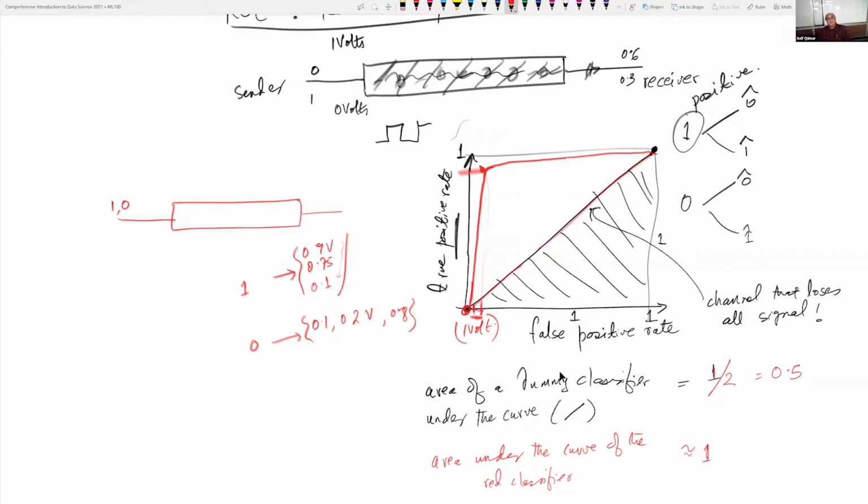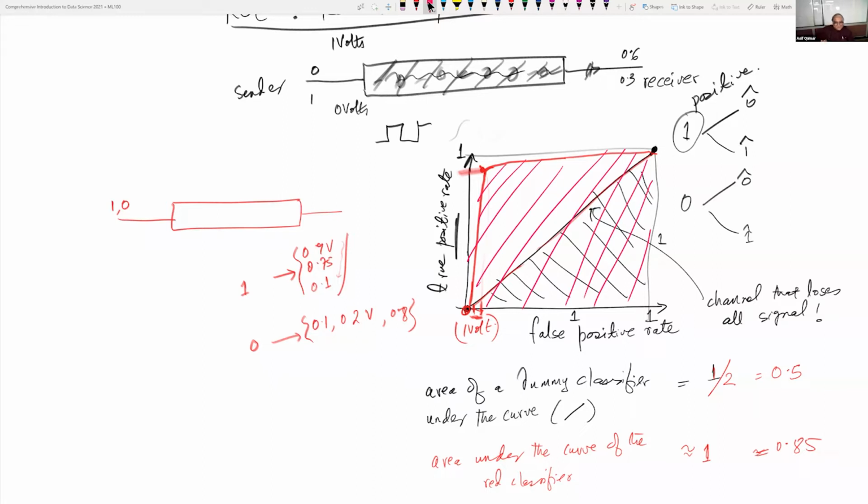My error. This will be closer to 1. So, for example, this could be 0.85 or something like that. The better the classifier, the higher the area under the curve. Right? The higher the red area under the curve in the good classifier, isn't it?